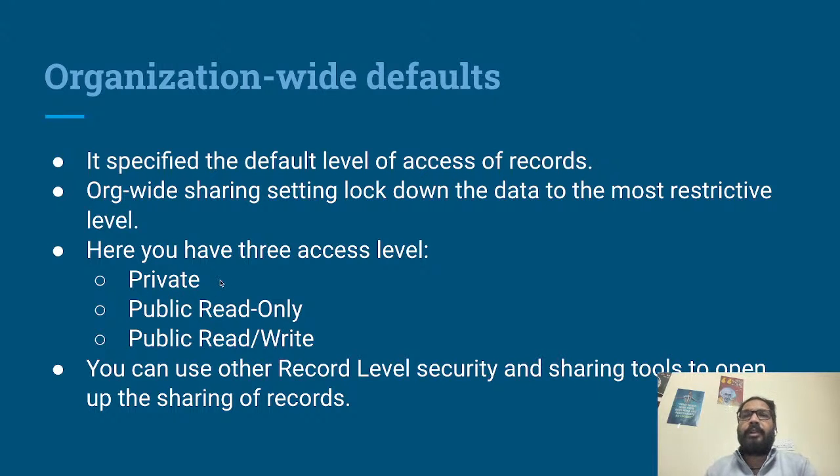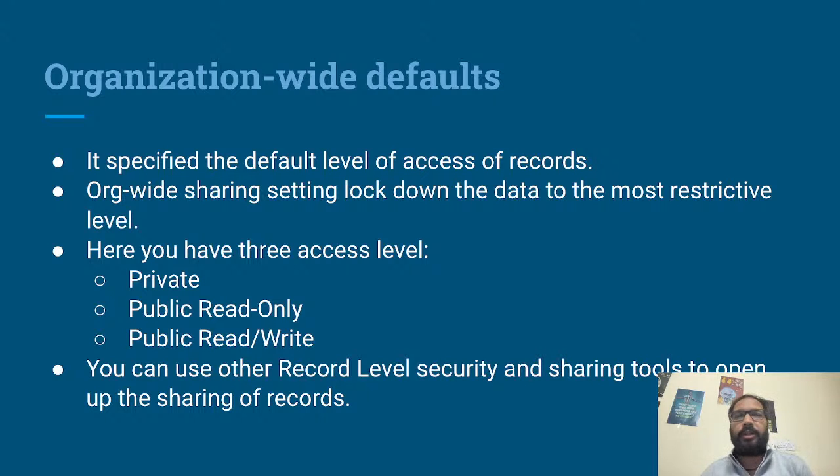If you select private, it means you will be able to access only those records which are created by you, not by other users. And if we are using any sharing tool like role hierarchy, sharing rule, or manual sharing, then whatever records are shared with you, you will be able to access those records. Right.